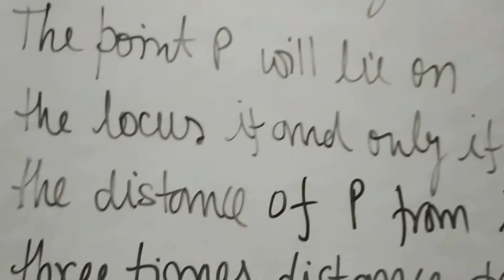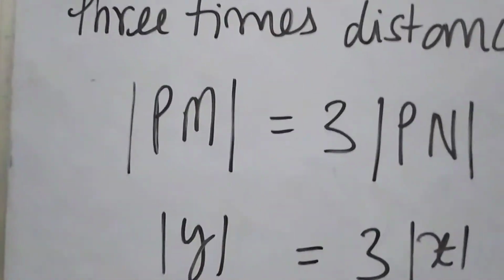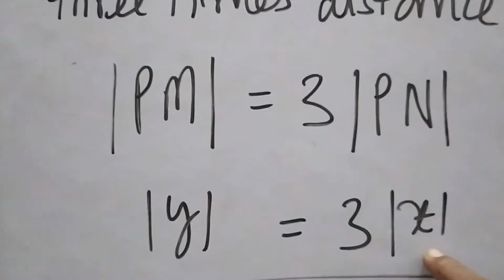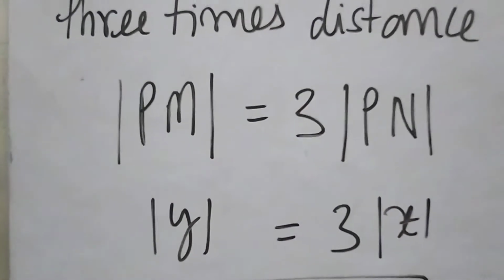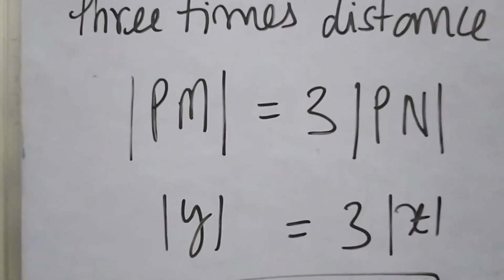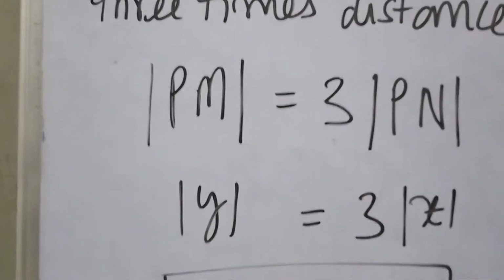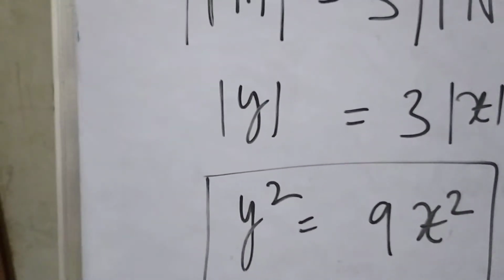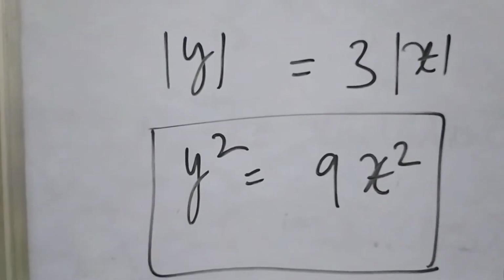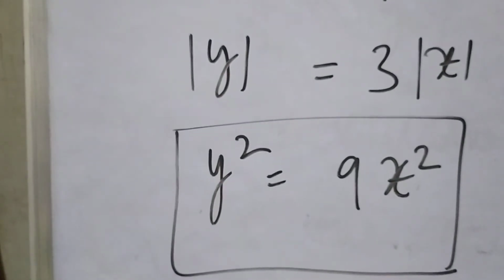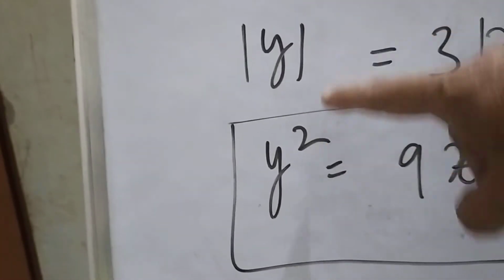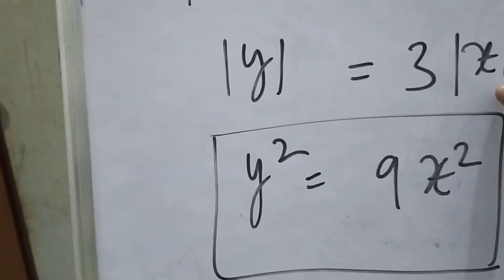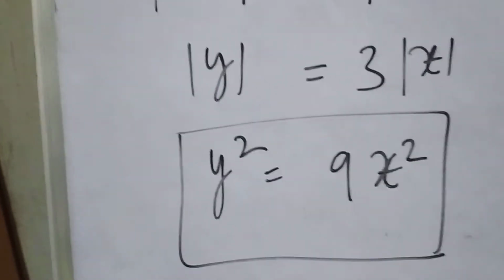So similarly write down x in place of PN. Is it clear? Now on squaring both sides, what will we get? This will give y square and this will give 9x square.